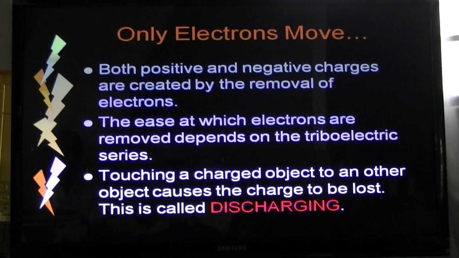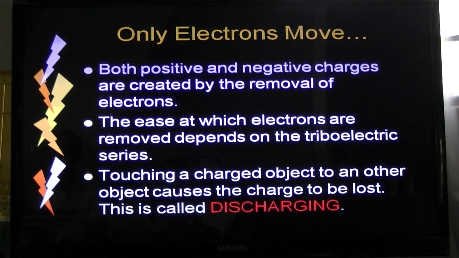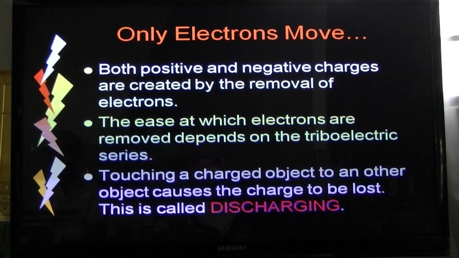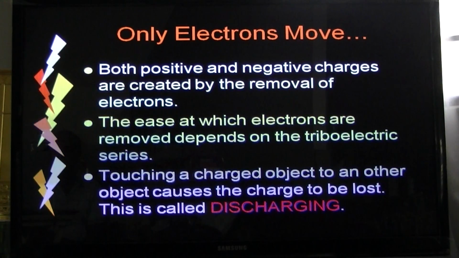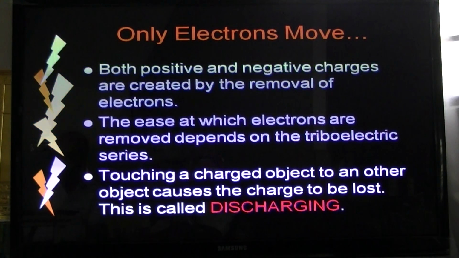Both positive and negative charges are created by the removal of electrons. The ease at which electrons are moved depends on the triboelectric series, depends on where they stand on the chart. Touching a charged object to another object causes the charge to be lost. This is called discharging electricity.